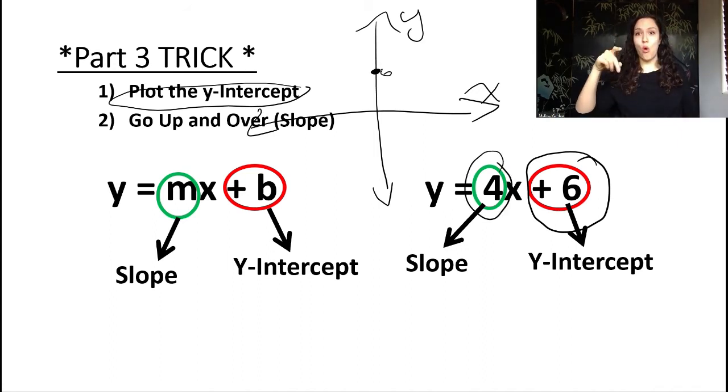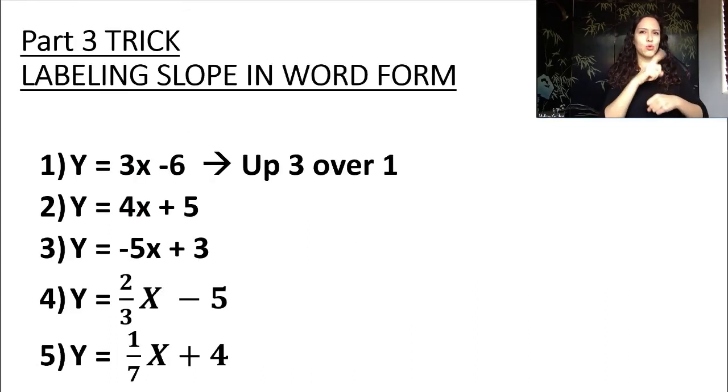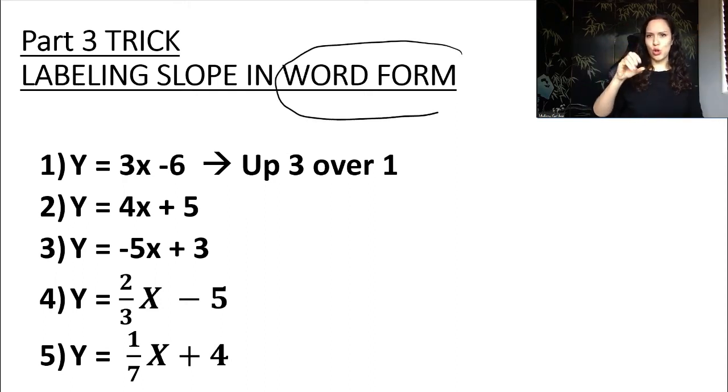And then you'll see, okay, I'm going to go up 4 over 1, up 4 over 1. But let's talk about that slope a little more before we actually start using this trick. So before we actually start graphing, let's make sure we understand how the slope works. And how we're going to do that is to explain it in word form and write it down before we actually start using the trick.